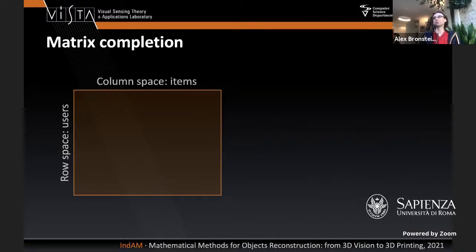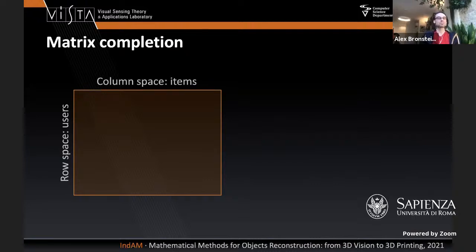Before it was doing video streaming, Netflix was sending DVD discs with movies to rent, and they had a certain set of users and a certain set of DVD titles. In order to optimize their logistics, they wanted to predict which movies each of the users is likely to want to watch next.